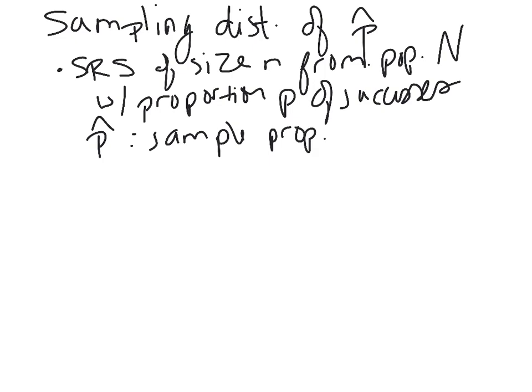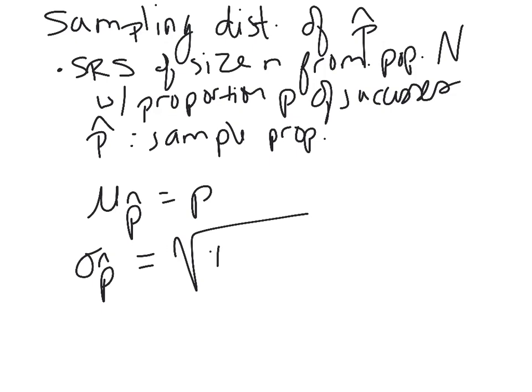The mean of the sampling distribution of p hat is equal to p. The standard deviation of the sampling distribution of p hat is equal to the square root of p times 1 minus p over n.